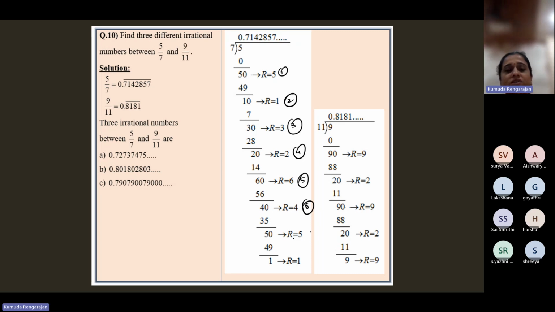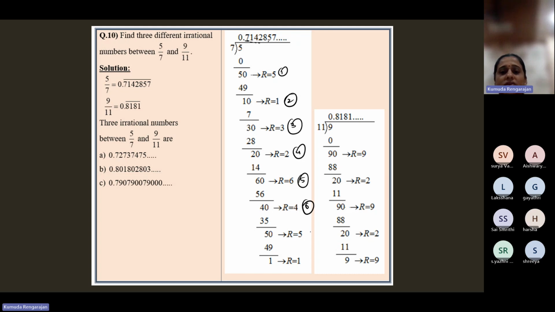So we have 6 different remainders repeating themselves in the division process. So when you look at the quotient, you will find 6 digits repeating. The digits are 7, 1, 4, 2, 8, 5. Again, 7, 1, 4, 2, 8, 5. Because once the remainders start repeating, the digits in the quotient also will start repeating.